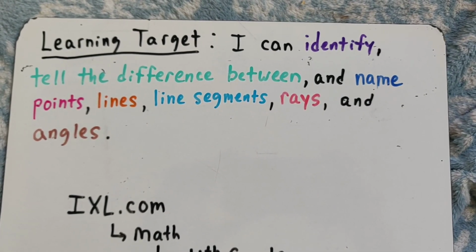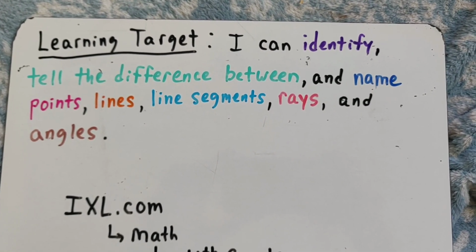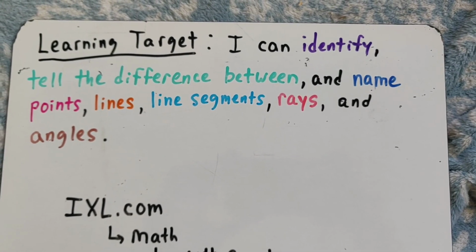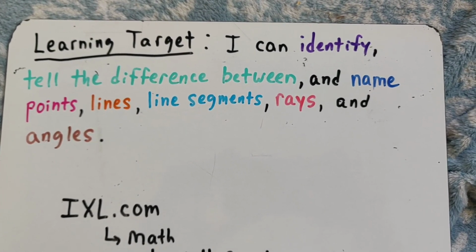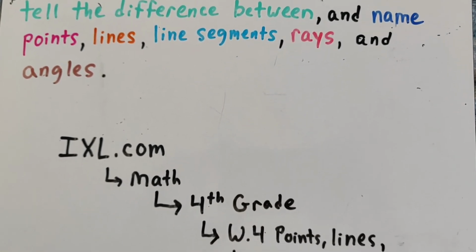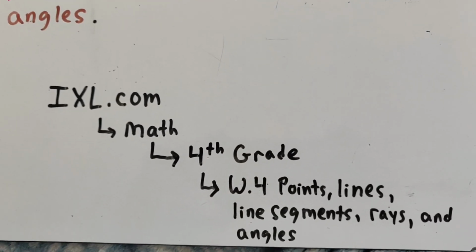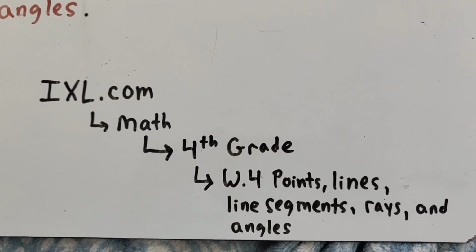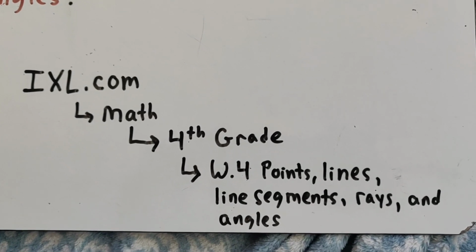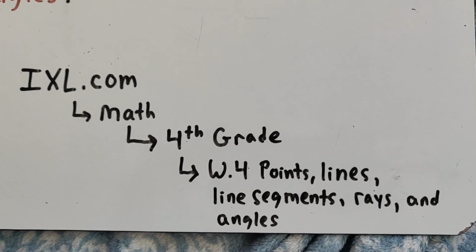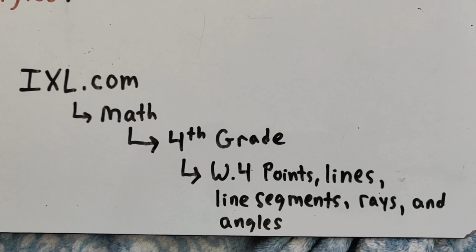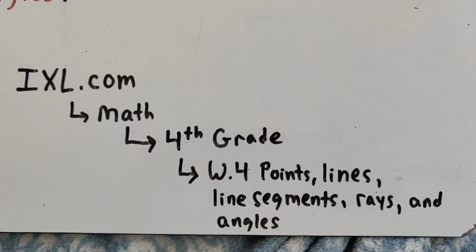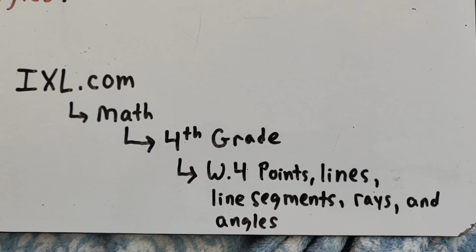And you can either use the exit ticket that I've attached, or you can just copy down the problems on another piece of paper. And remember that you should get extra practice at IXL.com, math, 4th grade, W4, points, lines, line segments, rays, and angles. And if you forgot your login, please let your teacher know so they can help you with that.